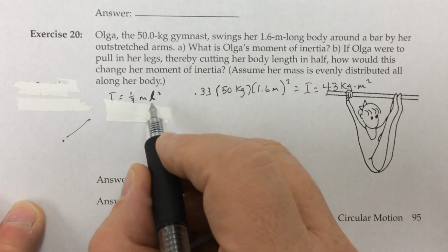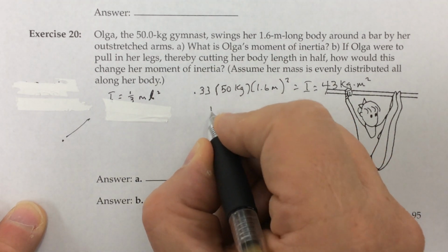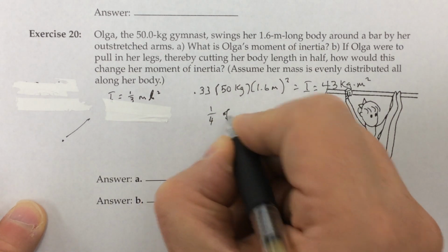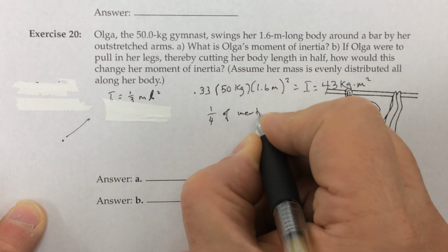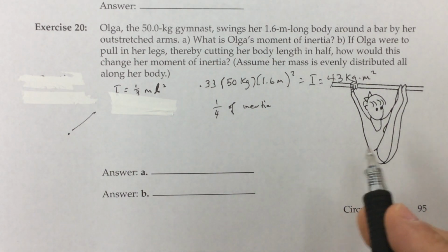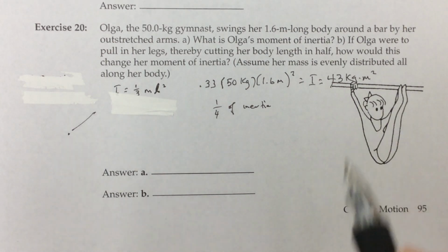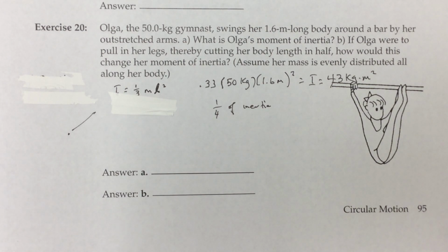When you take a fraction to a square, you're actually making it smaller. So she would have 1/4 of the inertia. That's why pulling in her legs like this makes her go 4 times faster. You can see that she can actually start accelerating fast when she brings herself in.